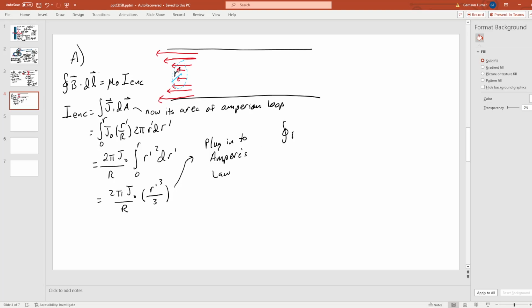And we have B dot dl is equal to mu naught times 2 pi J naught over R times, this is not primed anymore. Our integration variable was primed, but our limit was not.